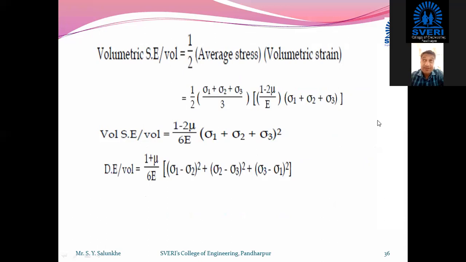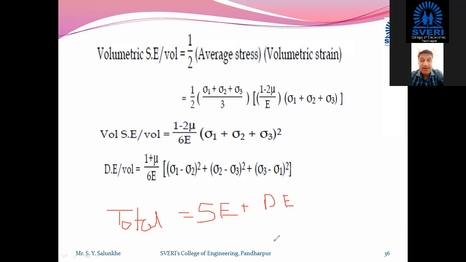The total energy in the material, up to the yield point, is the strain energy plus the distortion energy. That is nothing but when the material gets destroyed.